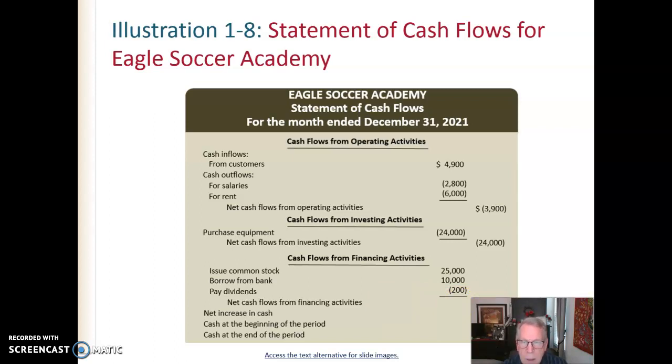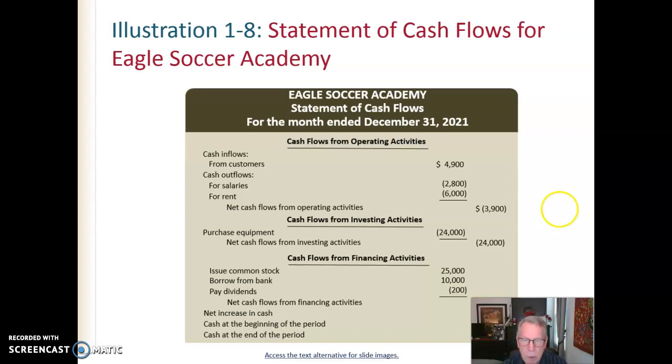So sometimes we call that cash disbursements or cash payments, and sometimes we call it cash receipts. So different terminology for the same thing. And so our net cash is the difference between cash in and cash out for these different activities.